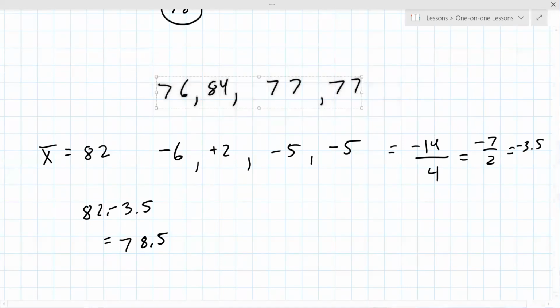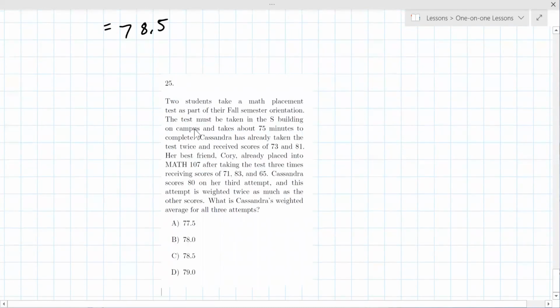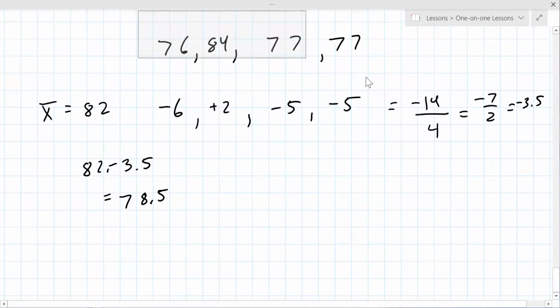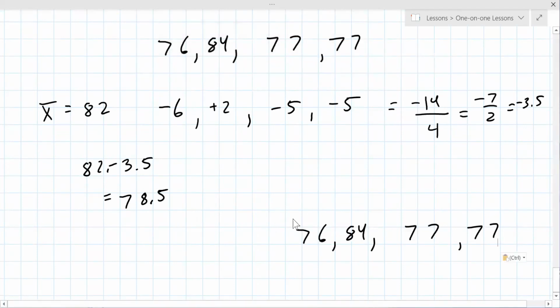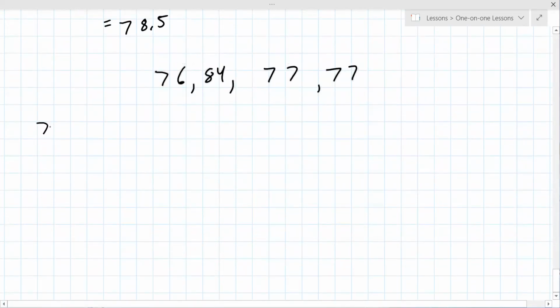Now let's grab the same set of numbers. Now that we know the answer, you'll see why you don't pick 0.5s, but let's just do that. Let's say it's 78.5. So this is -2.5 for the first one.